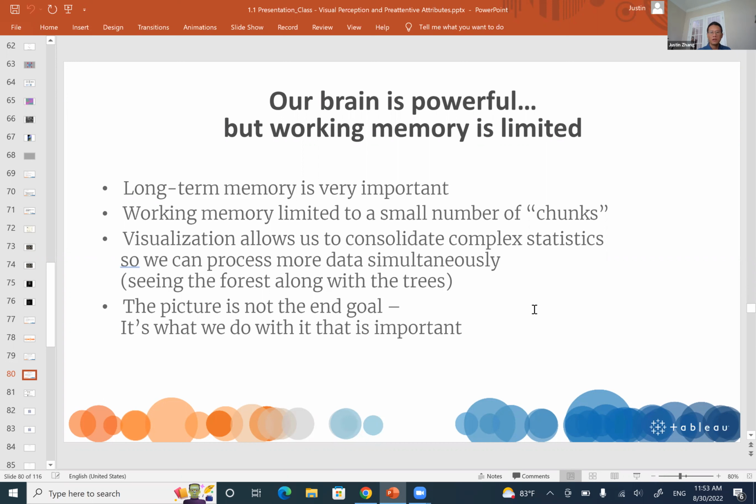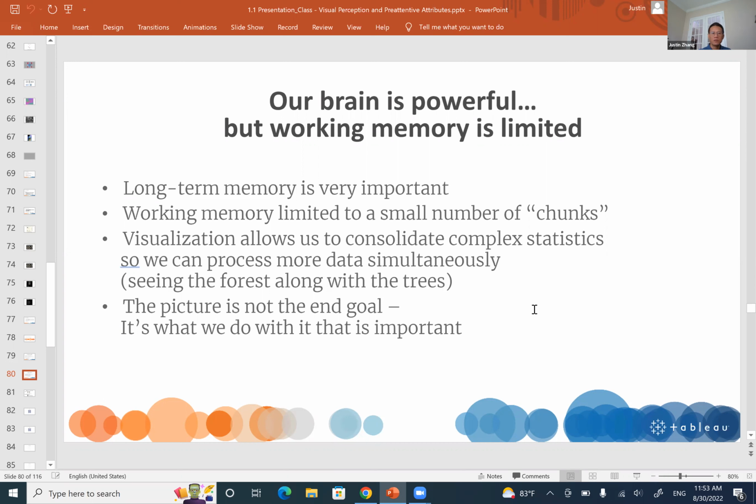So visualization allows us to consolidate complicated statistics so we can process more data simultaneously. That's why data visualization is a powerful tool to help people quickly grasp complicated concepts or complex statistics in a very short amount of time.